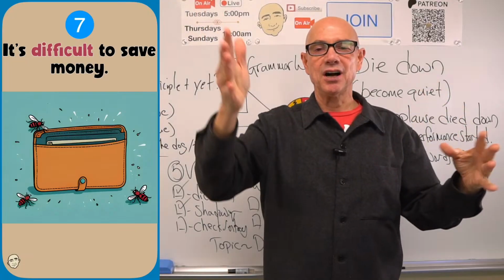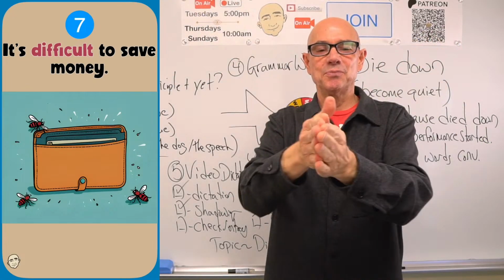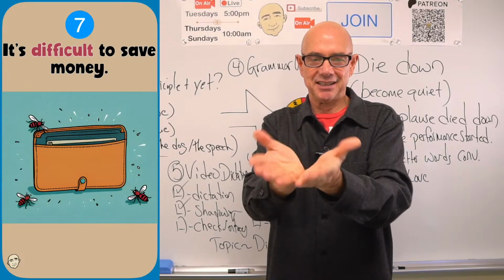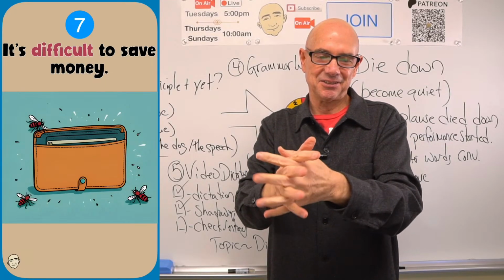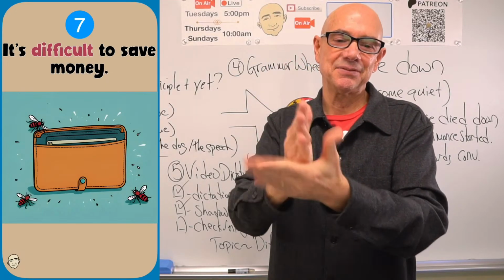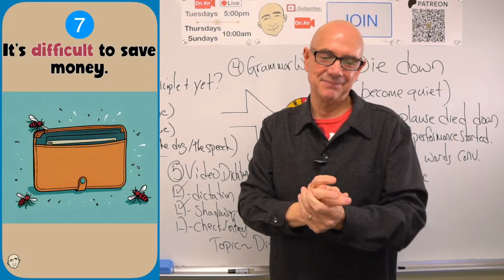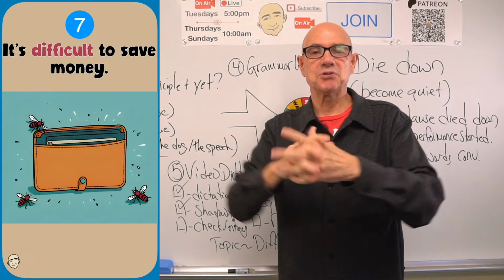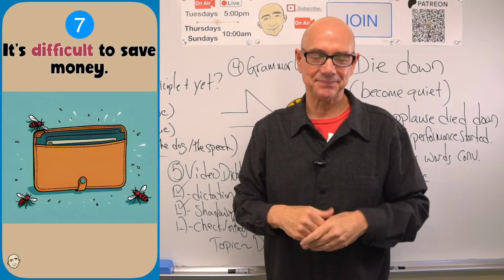An empty wallet, only like flies. You open the wallet and flies come out of it. There's nothing in it. So, because it's so difficult to save money. So it's hard to create that image.